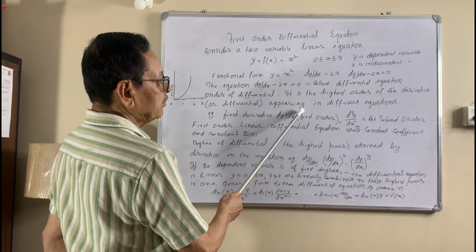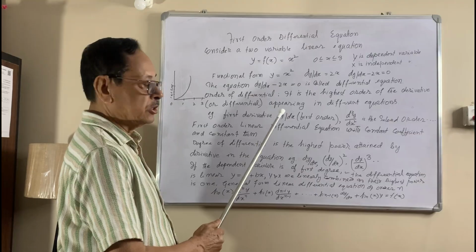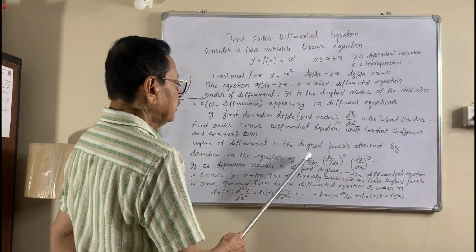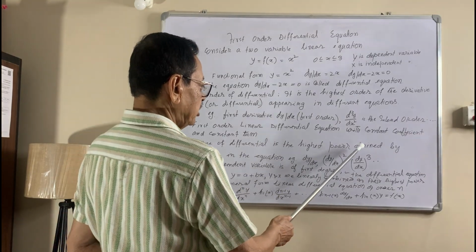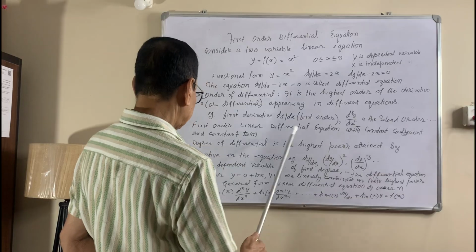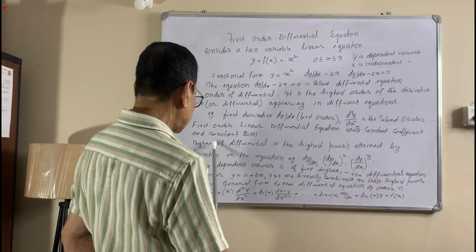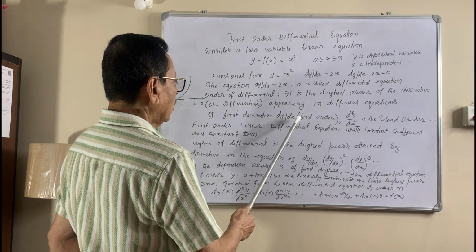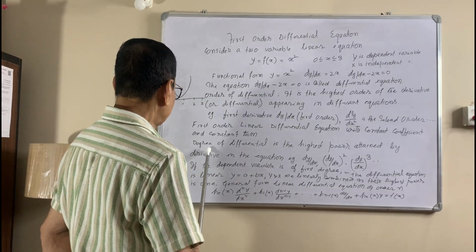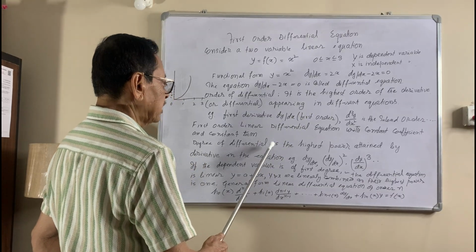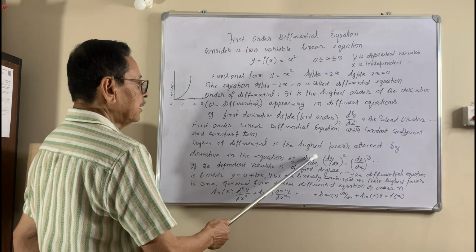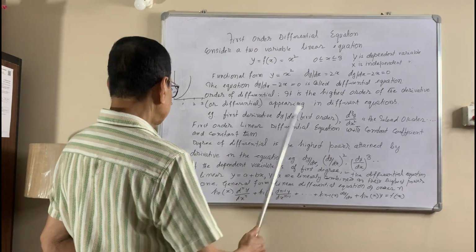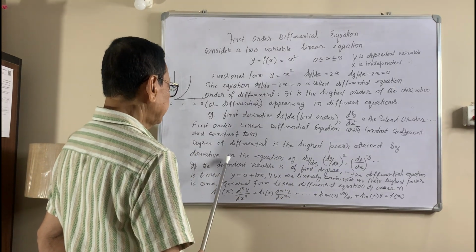is the highest power attained by the derivative in the equation. So here we have discussed the order of differentiation. Here it is the power of differentiation. The degree of differential, it was the order of differential, now it is the degree of differential. So this is nothing but the highest power attained by the derivative in the equation.